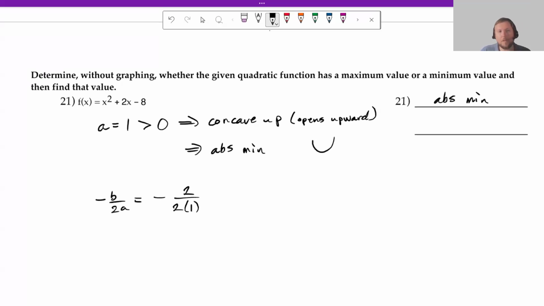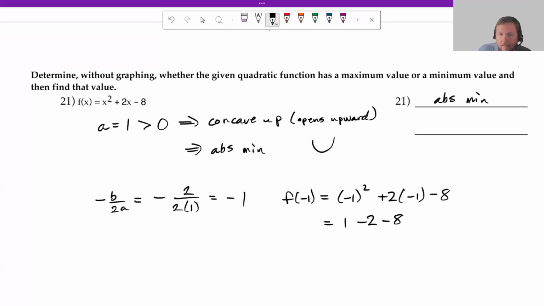So we'll just do it with the formula. So my b is 2, my a is 1, so I have negative 2 over 2 times 1. So I get negative 1. And then I just plug that into the function. So I have negative 1 squared plus 2 times negative 1 minus 8. So I have 1 minus 2 minus 8. So that's going to be negative 9.